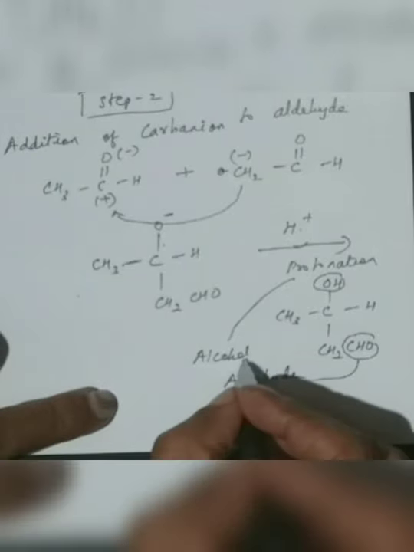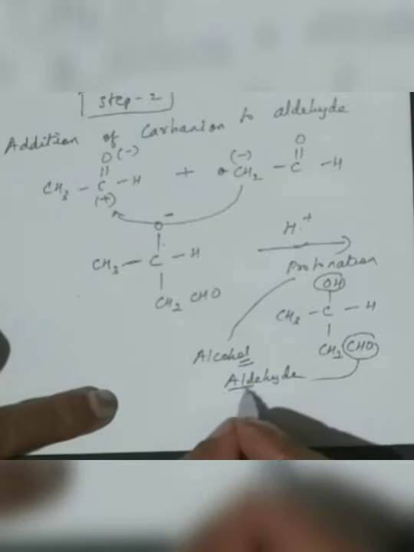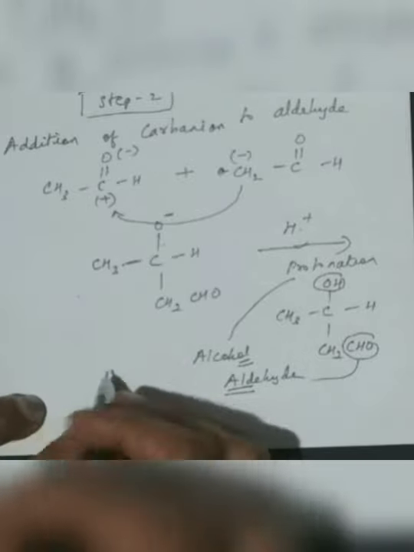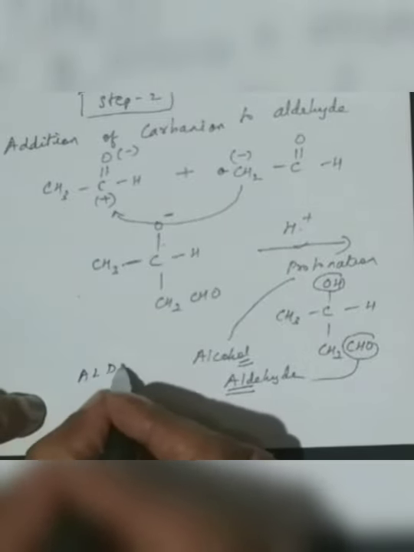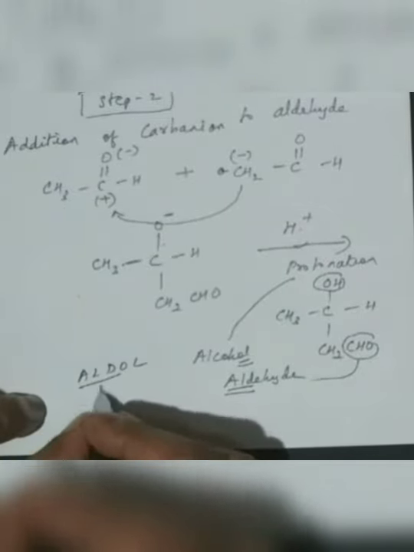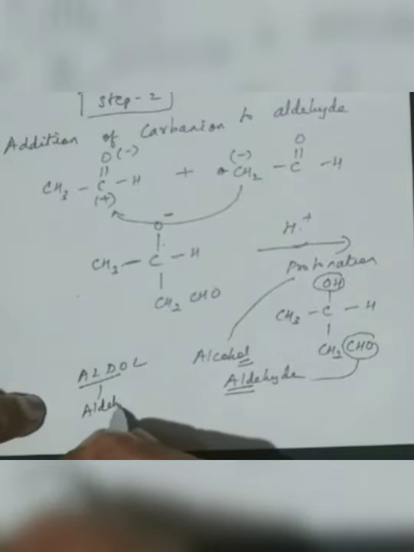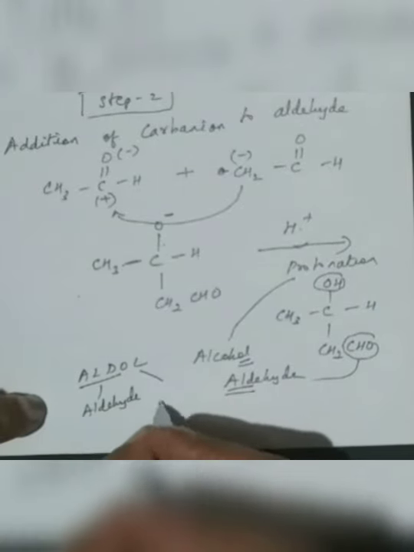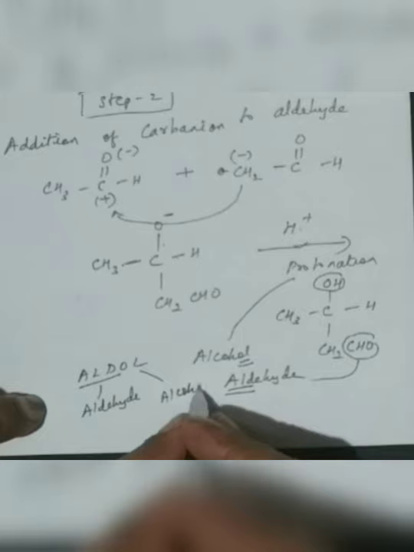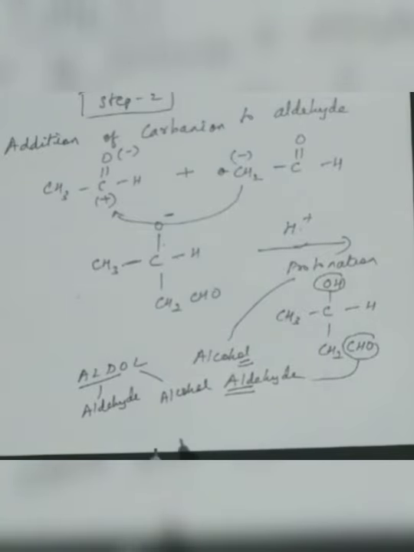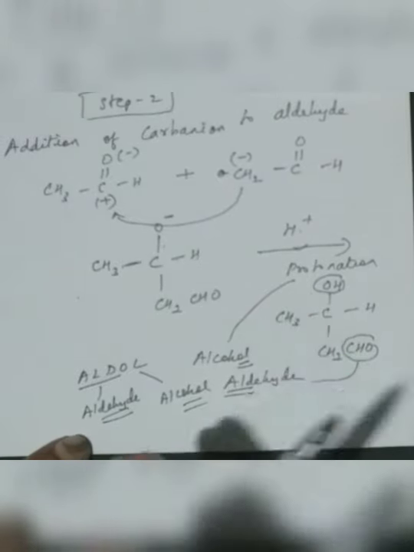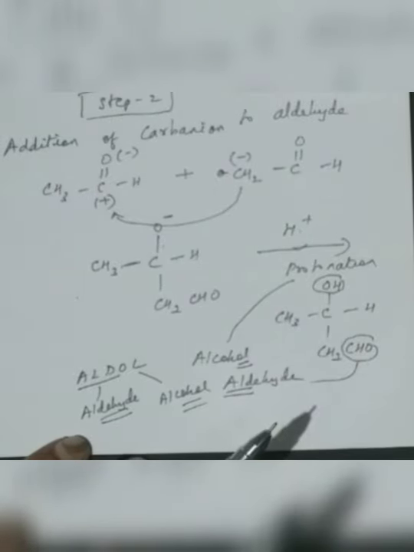That's the reason: alcohol we know as OL, aldehyde as ALD. Combining these two, we write aldol, where ALD stands for aldehyde and OL stands for alcohol. So the meaning of aldol is that it has an aldehyde group as well as an alcohol group. This is the simple mechanism of aldol condensation.